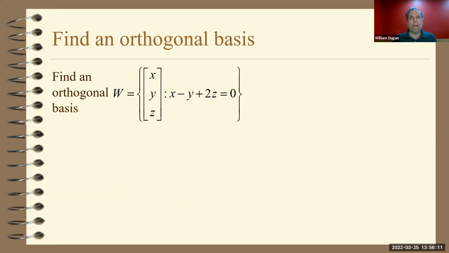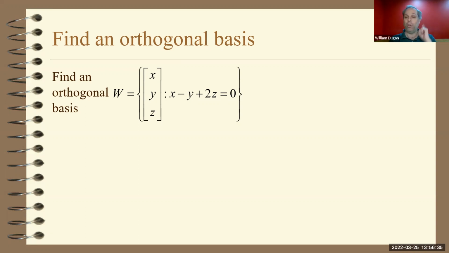Now, a much more interesting question is, instead of just verifying that a bunch of vectors form an orthogonal basis for some kind of subspace, what if I give you a subspace? Can you get me an orthogonal basis for it? The answer is yes, but it's going to take us a while to figure out how to do so in a nice way.